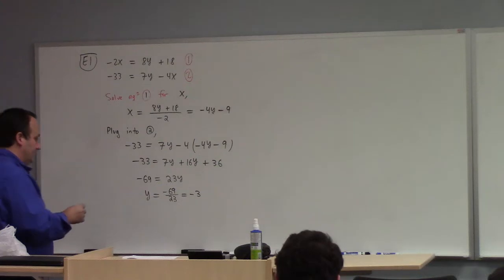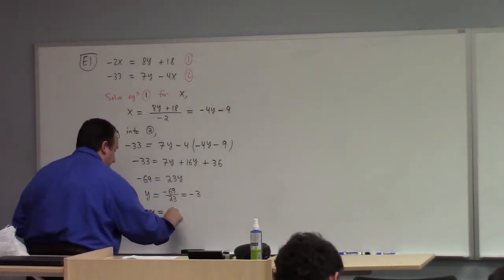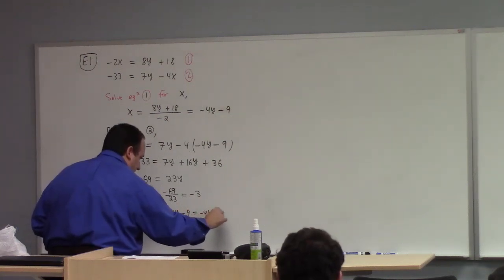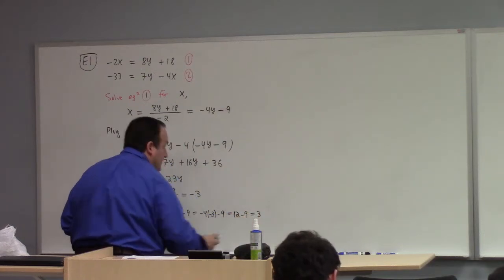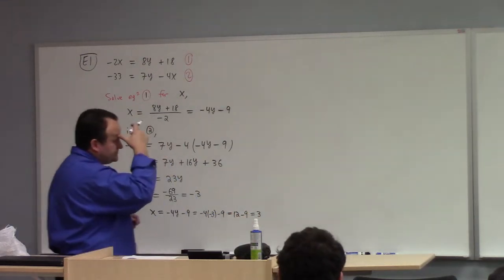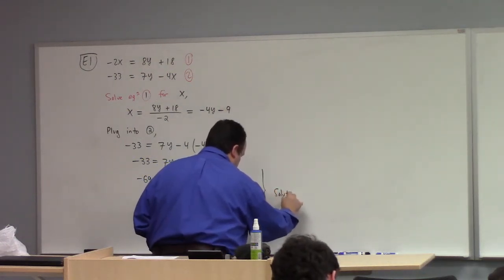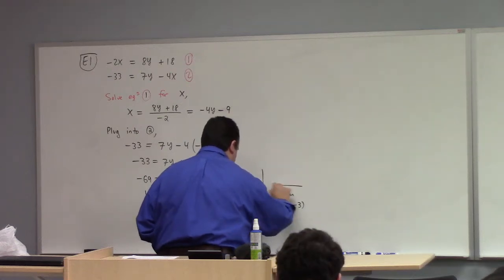What's x equal to? Minus 4y minus 9, so that's minus 4 times minus 3, minus 9, which is 12 minus 9, which is 3. So my solution is 3, minus 3.